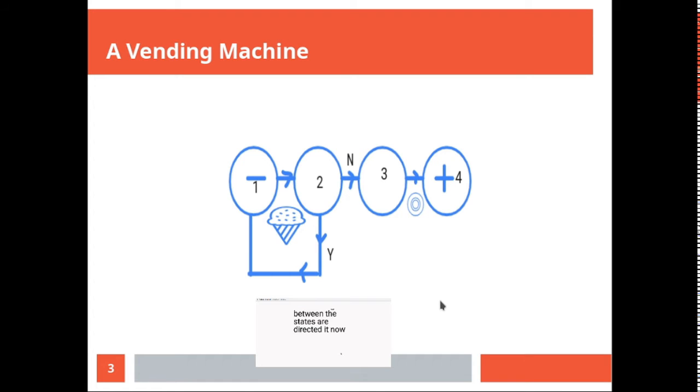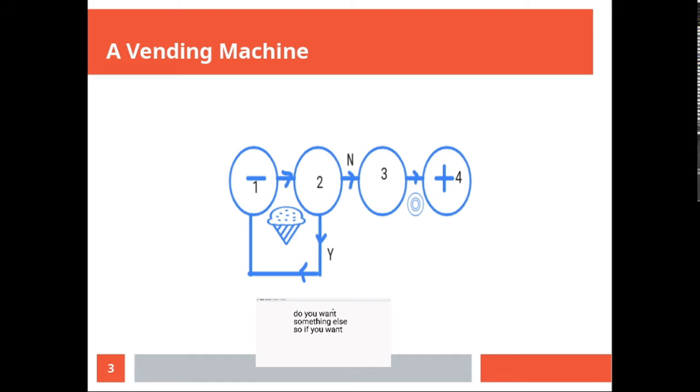Now, if I tell you how a vending machine works, suppose you go to a metro station or probably your favorite shop and there is a vending machine. What do you typically do? That kiosk is generally asking you to input what you want to have, and you input your choice, and then it asks you, do you want something else?